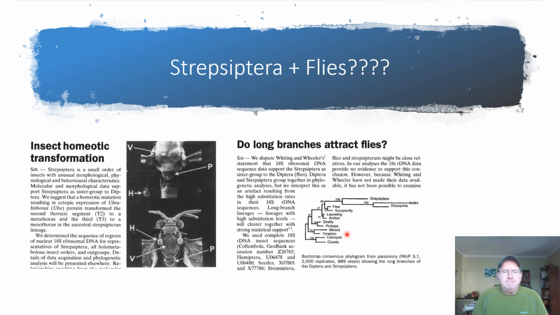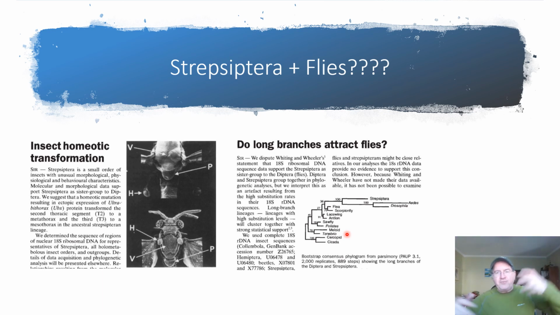And so they came to the conclusion that the DNA data were actively misleading Whiting and Wheeler into an incorrect pattern of relationships. And then that in turn led to the totally unnecessary hypothesis, speculation of some sort of homeotic mutation that switched.